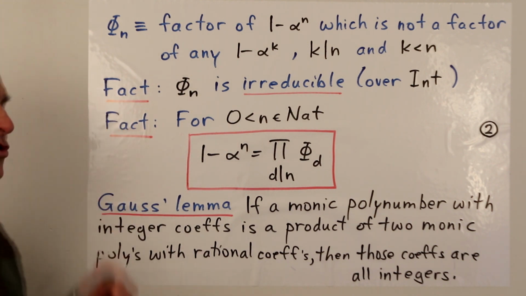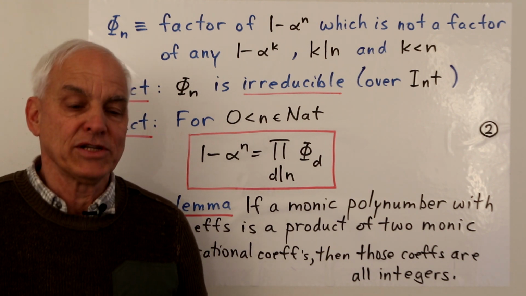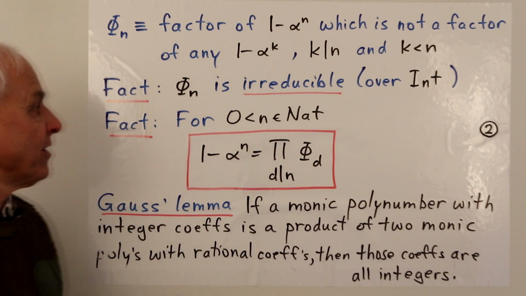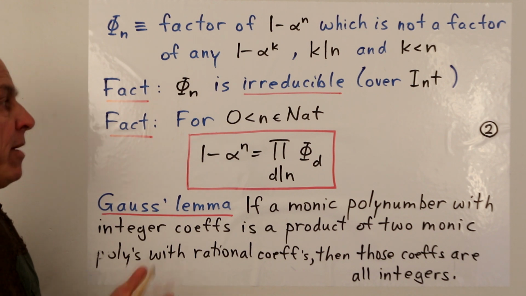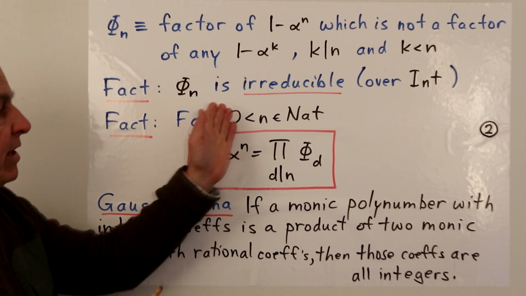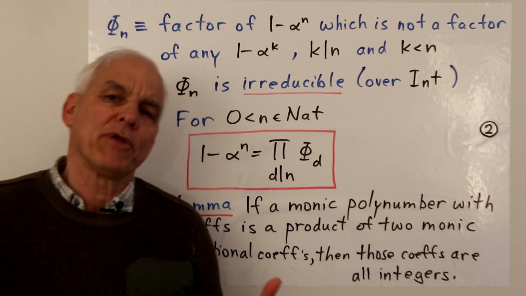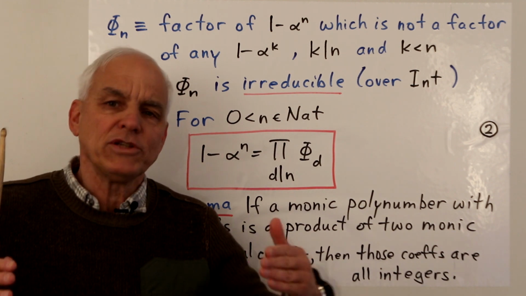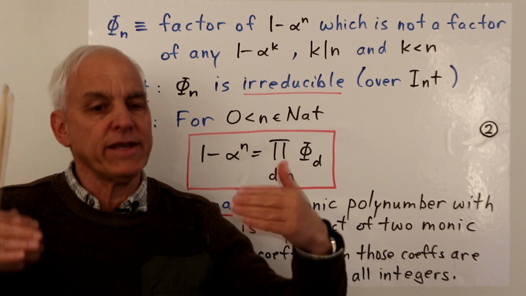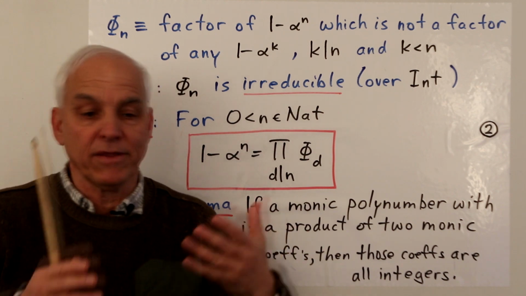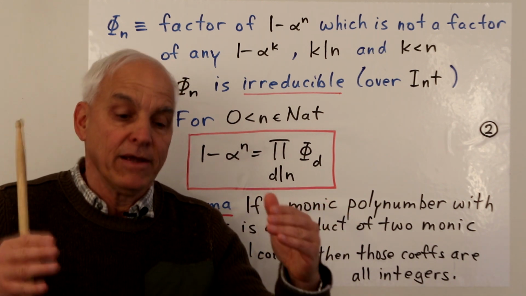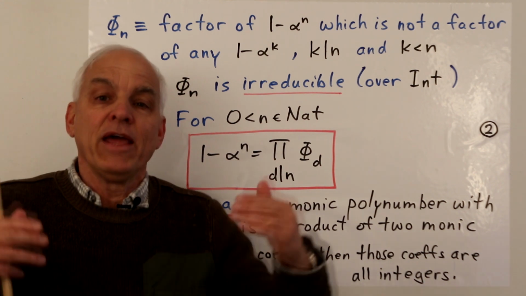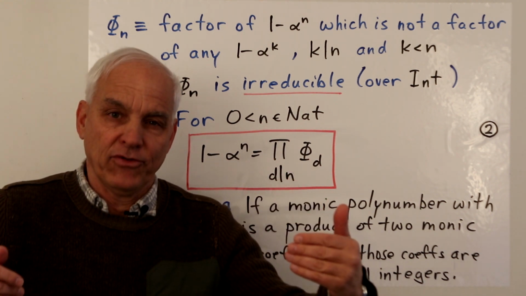Now, a crucial fact about these things, which is not at all so obvious, is that phi sub n is actually irreducible. Typically irreducibility is something that's valid once you've chosen a number system. You choose a number system and then you say a polynomial in this number system is irreducible if it can't be factored as a product of strictly lesser degree polynomials with coefficients still in that number system.